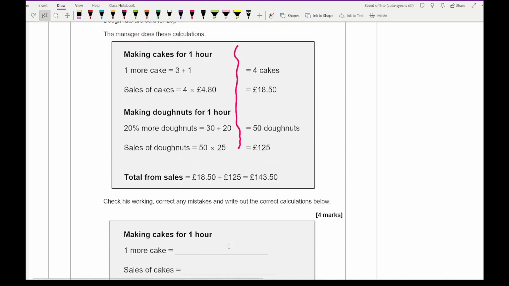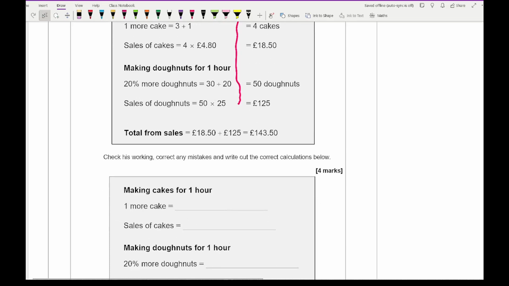So making 1 more cake, if they're making 3 cakes originally, that's 3 plus 1, so they're making 4 cakes per hour. Then working out the sales, that's going to be 4 times £4.80. Now I know this is definitely wrong because 4 times 8 is 32, and it definitely doesn't end in a 5.